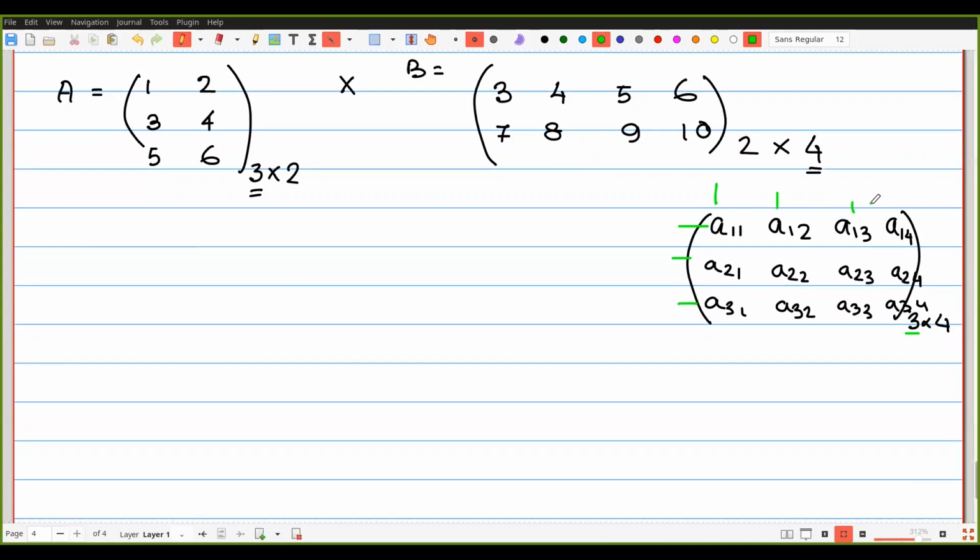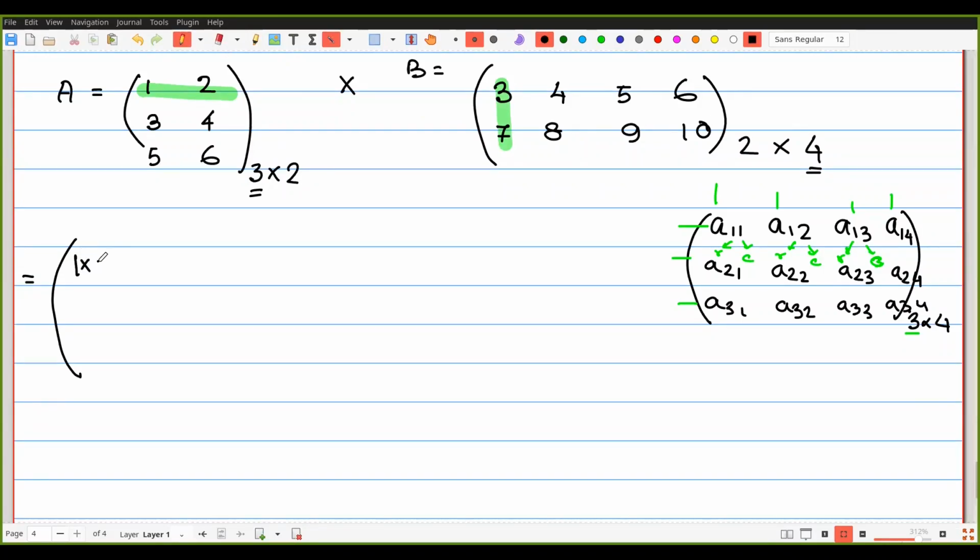Now look at the element numbering. First is first row, first column, then first row, second column, first row, third column, like that. Here also we proceed the same way. What should be the first element? First row, first column.